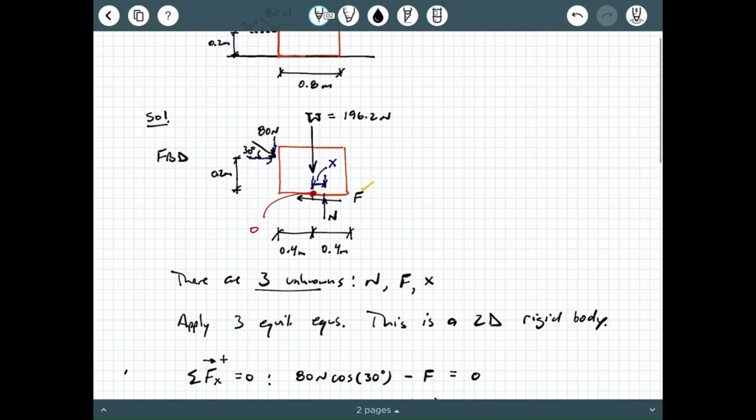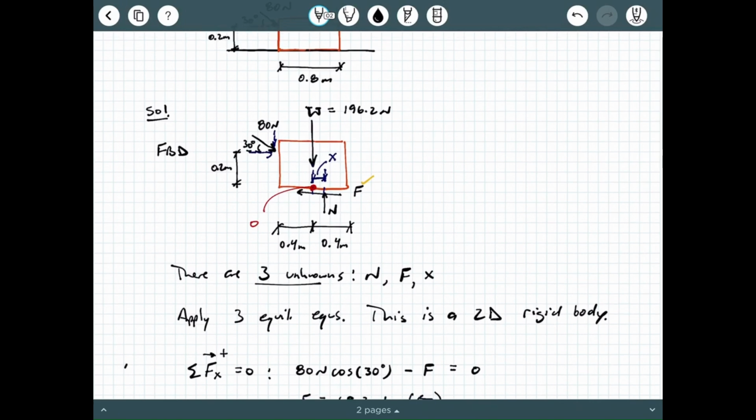So how do we know that? Well, where am I coming up with that from? Well, remember, the width of the box was 0.8 meters, okay? And this X right here, sometimes we call this distance an eccentricity. So this eccentricity distance is within the boundaries of half of this box, right?